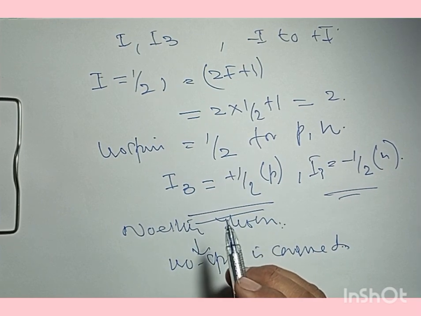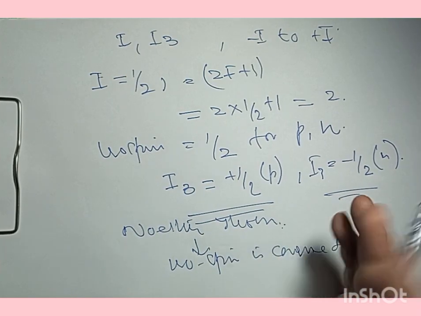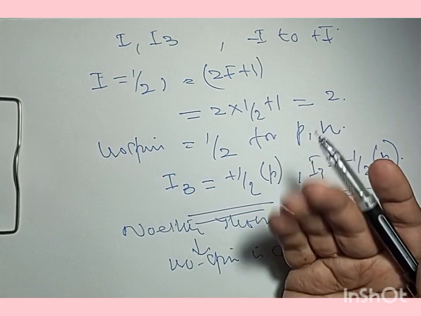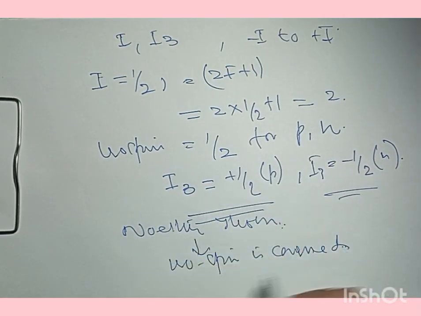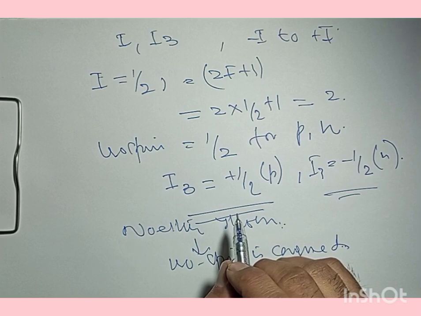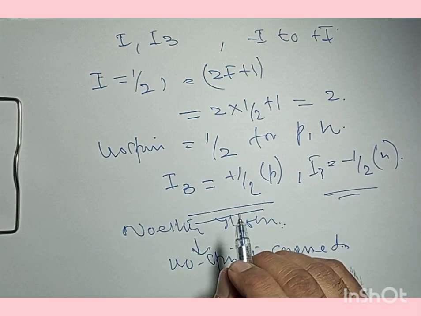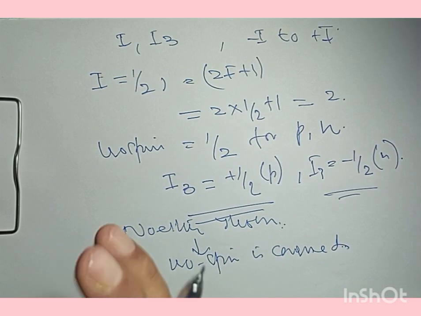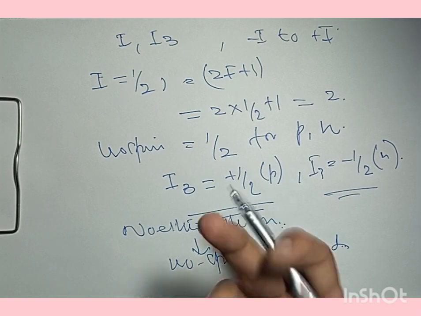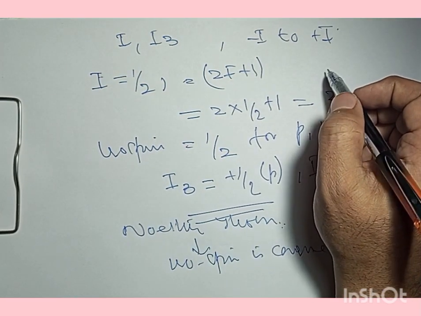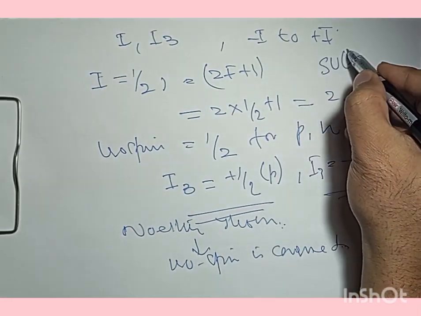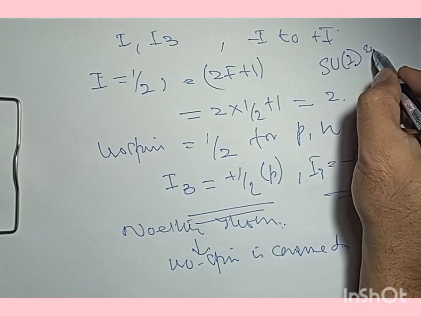Hence the proton and the neutron, which is basically a nucleon doublet that we are talking about, have the same mass due to the strong interaction, and due to this isospin. And this isospin symmetry we call SU2 symmetry.